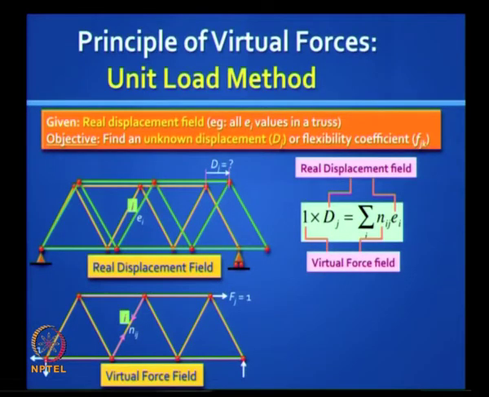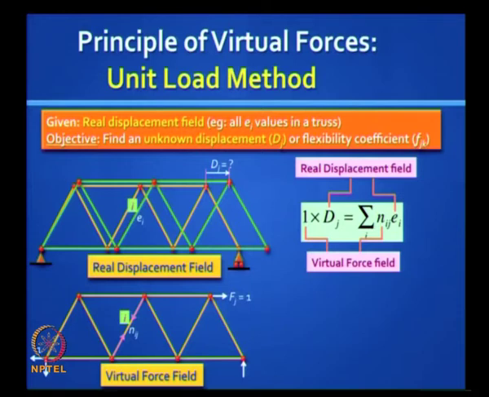Now if you do this product, you will get 1 into dj as the total external virtual work, because there is no other joint, no other force acting which moves, and the total internal work is the sum of Nij times ei. Now that small Nij is defined here as the axial force in the element i caused by Fj equal to 1.